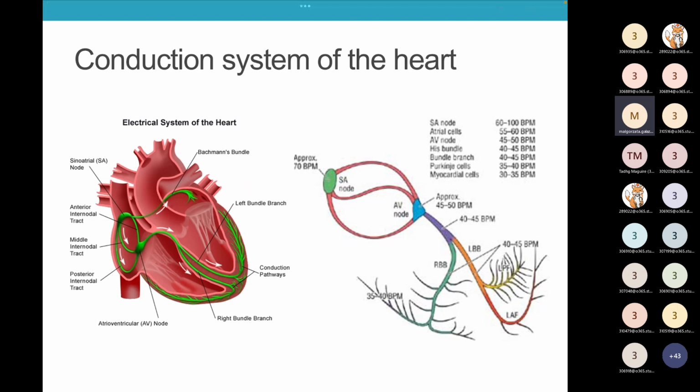In physiological conditions, the action potential which stimulates the cardiomyocytes to contract is generated by the pacemaker cells within the sinoatrial node.